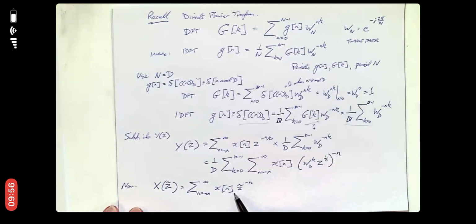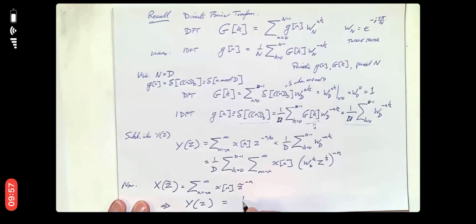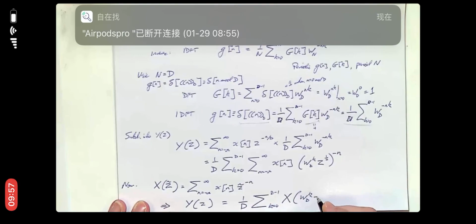So you can see there's a similarity coming up here, but instead of just an ordinary z, we've got some other mixture coming up in here instead. So actually what happens when we substitute the whole lot in together is that we get y of z is equal to 1 over d, the sum from k equals 0 to d minus 1, big X of, instead of z, W_d to the k, z to the 1 over d.